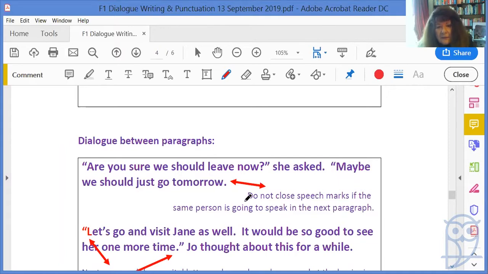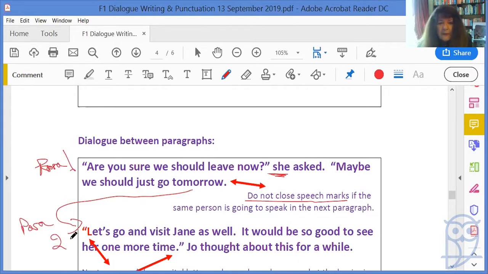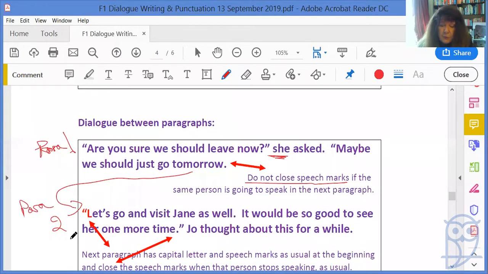And in this particular case, you don't close the speech marks if the same person's going straight on to speak in the next paragraph. Okay, this is quite a complicated one because she, whoever she is talking, and that was the end of paragraph one. Then she was going on to paragraph 2. And we open the speech marks to show she's still talking.